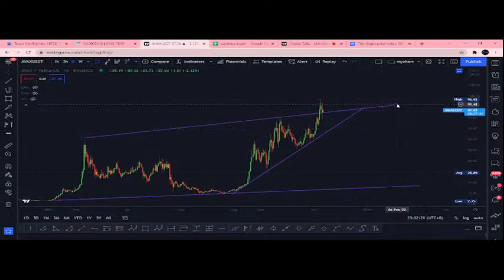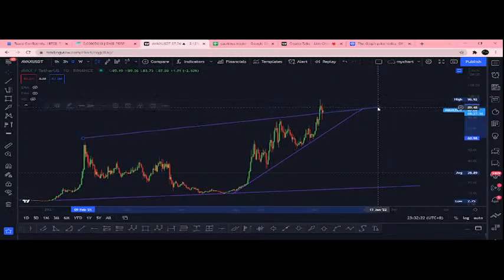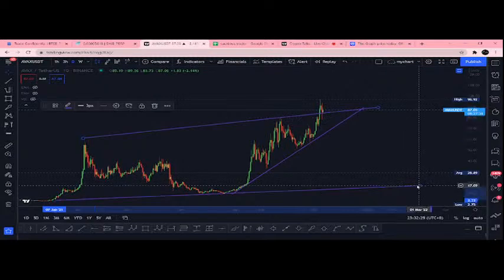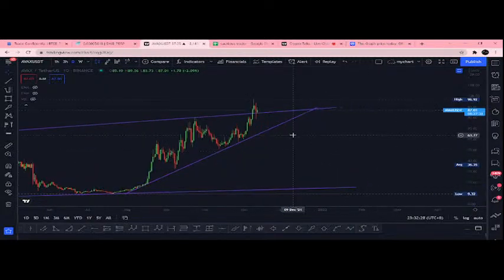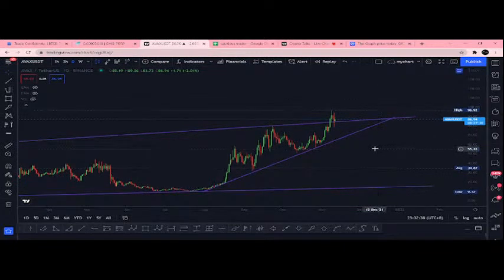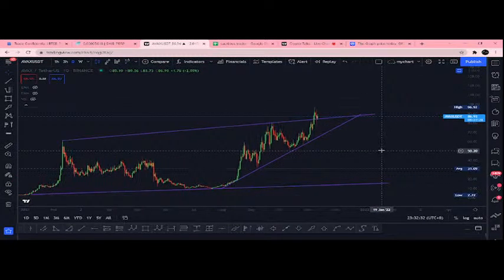So it's holding at resistance. I mean, at previous resistance now becomes the support area. So as long as it will hold at this area, I might possibly go long.